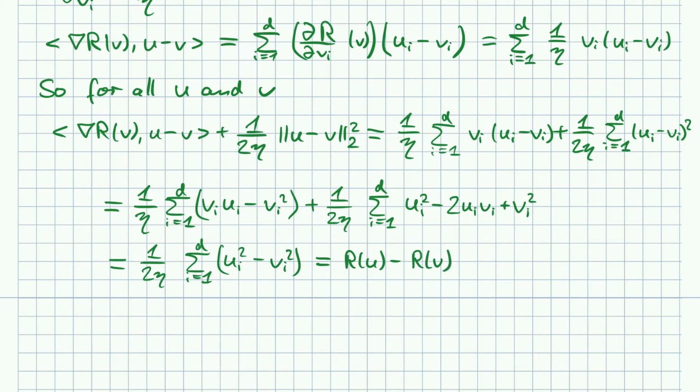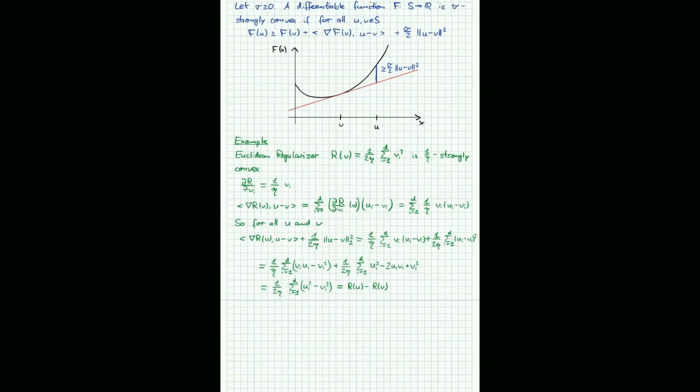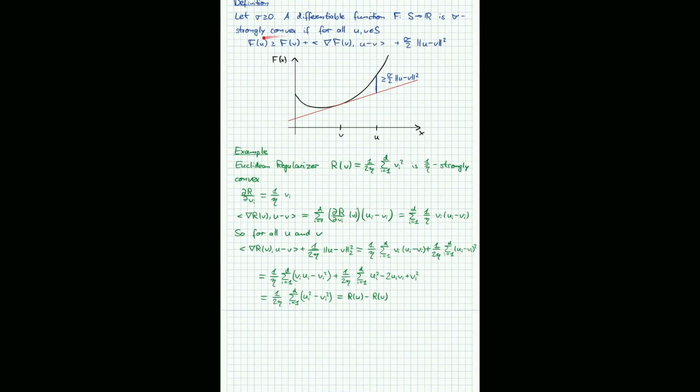And so, if we now read this from here to here, we see actually that this condition that we were requiring is even fulfilled with equality, because we have r of u is even equal to r of v plus this here.